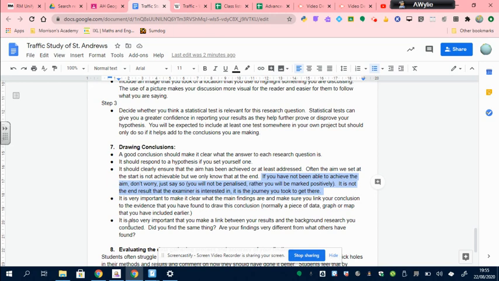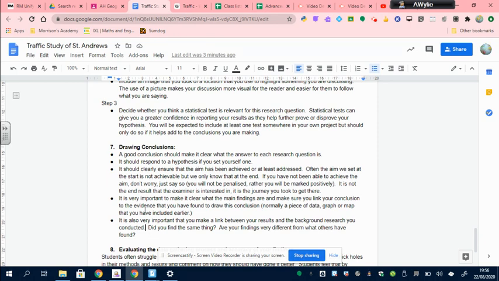But if you can once again draw another link between what you've discovered and your background research, I aim to prove this, and Donaldson 2018 had similar results to what I aim to prove, but I've found that my results don't, or I've strongly found that my results did, that they're the same, then that's a nice way to round it up. It's showing that you are acknowledging other people's work and that your results are either the same or not, and you've made those connections with that background research that you did earlier on in the project.